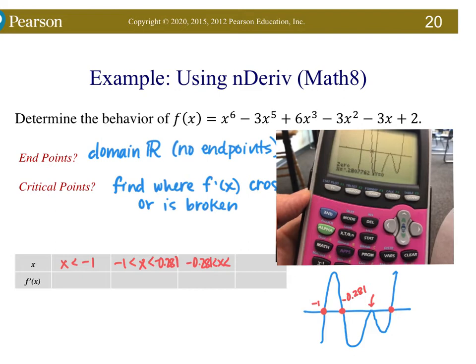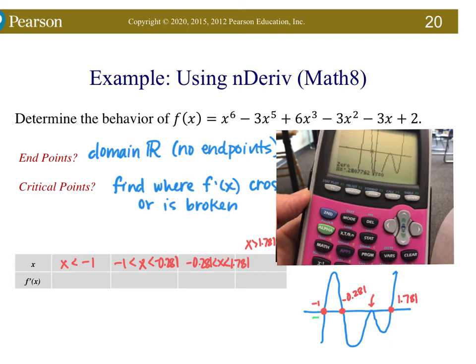So I'm going to do a second trace to find that. All right, and I just did it, and it turned out to be 1.781. So I'm going to have to squeeze all of these in here, 1.781, and then my last one would be x is greater than 1.781.